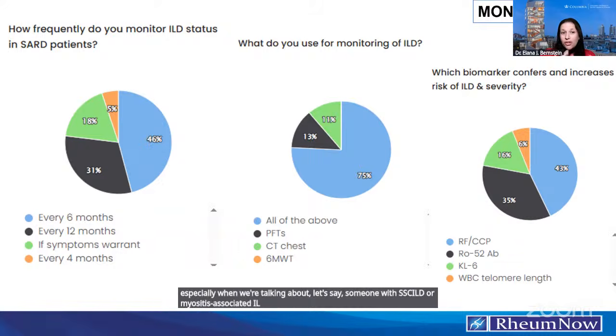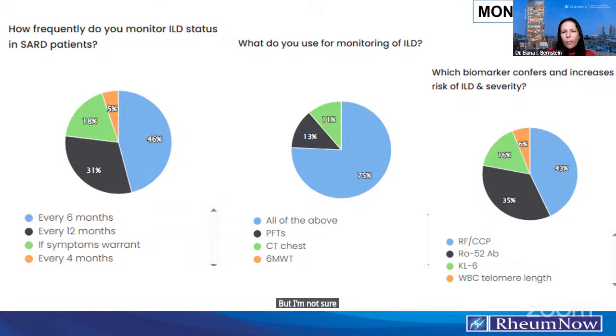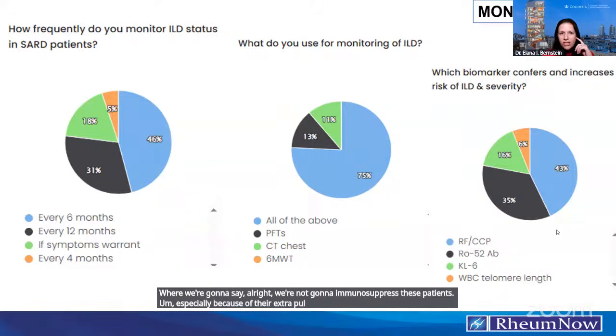I think we should certainly be aware of the potential complications when these patients are immunosuppressed if they have short telomeres, but I'm not sure that we'll get to a point any time soon where we're going to say, all right, we're not going to immunosuppress these patients, especially because of their extrapulmonary manifestations.